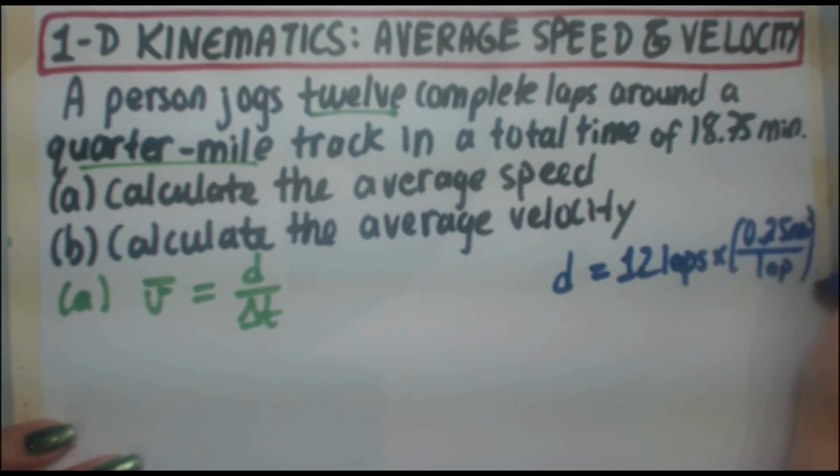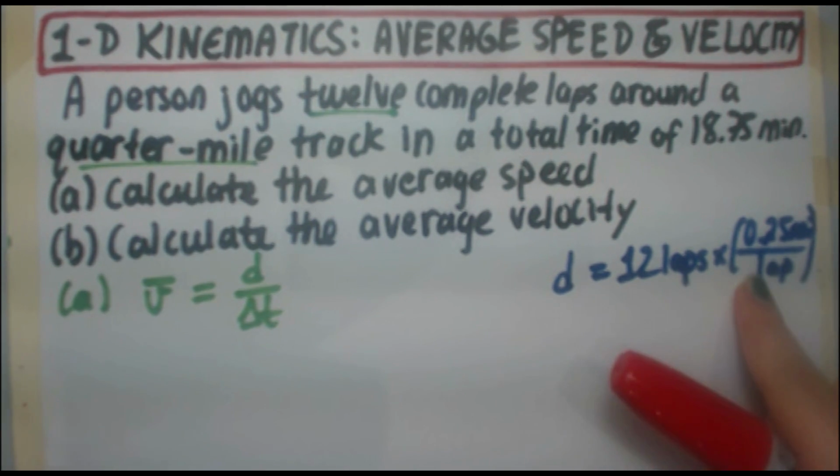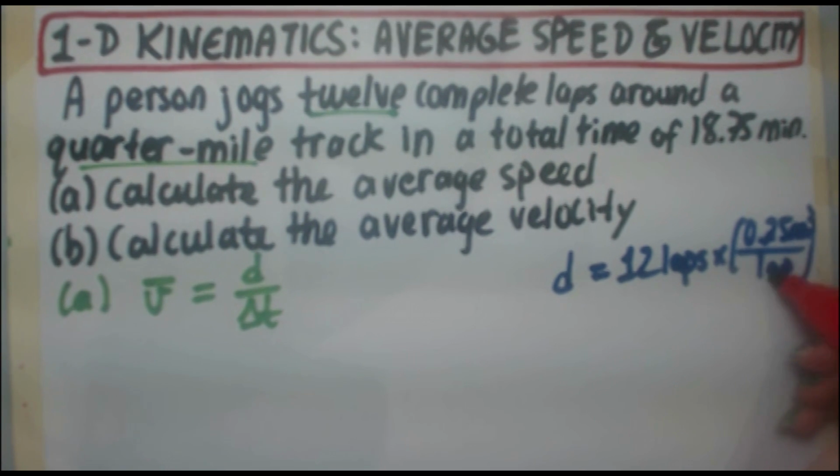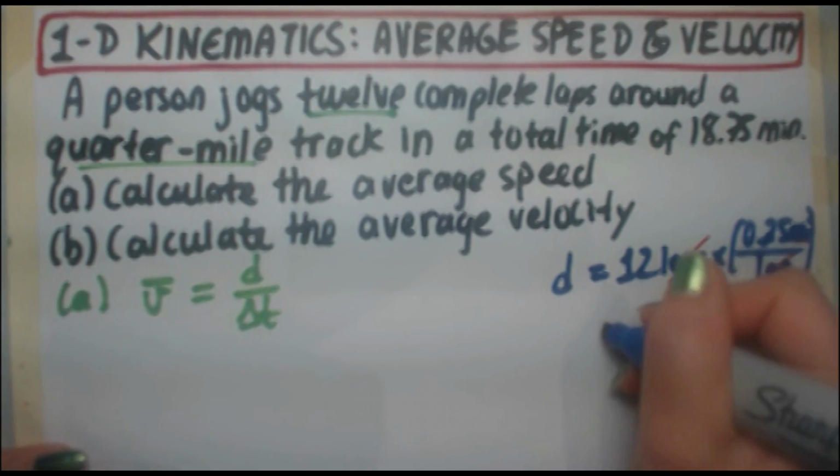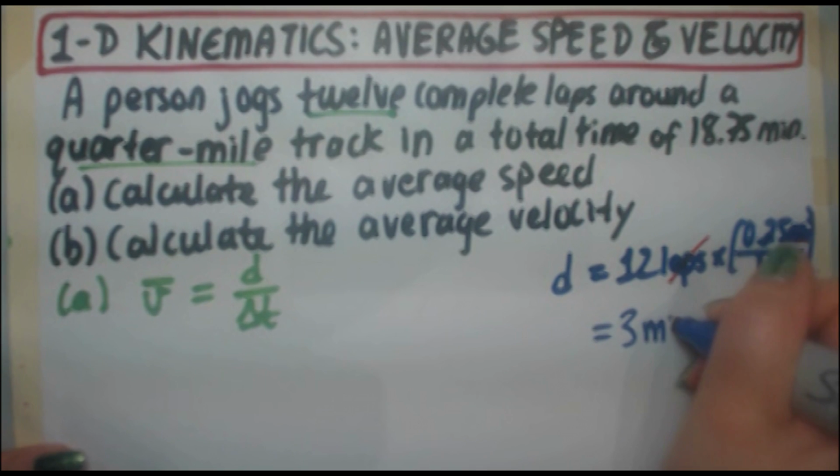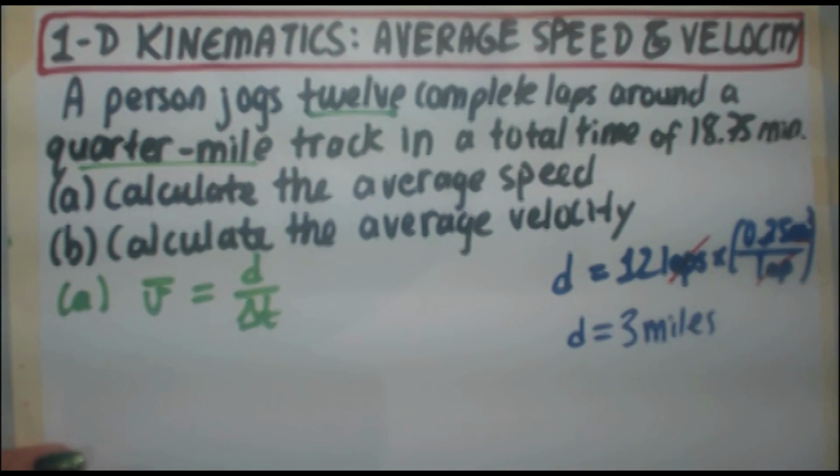If you recognize this method, it's just like I told you before about how to convert units. You take what you're given originally and you multiply by 1. Notice the laps are going to cancel, and you're left with the unit of miles. So 12 times 0.25, or rather a quarter of 12, is 3, so the person runs 3 miles.